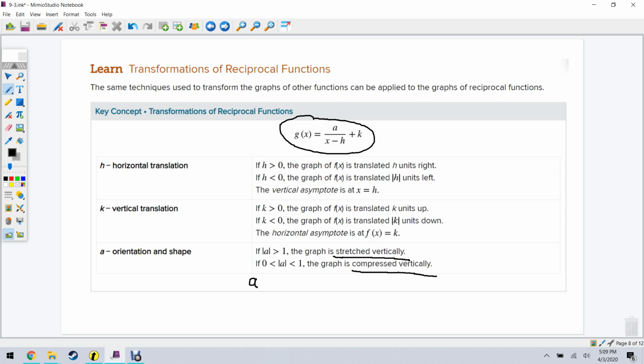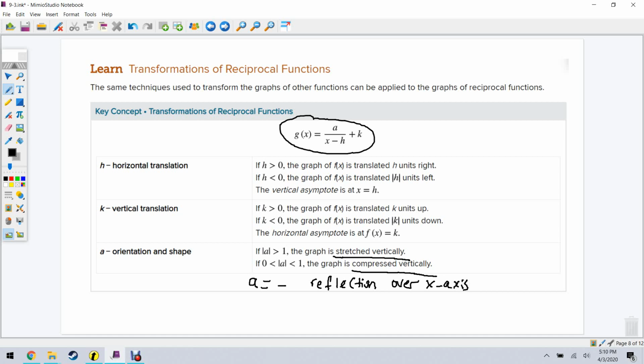If A is negative, that's a reflection over the x-axis. If you don't have a negative sign, like -2 here, that means no reflection. You'll just talk about stretch or compression.